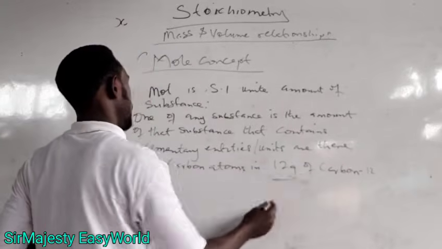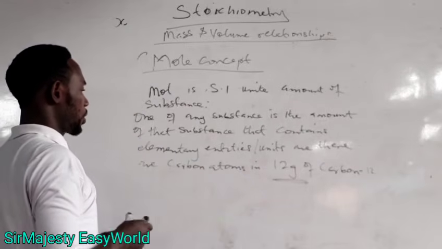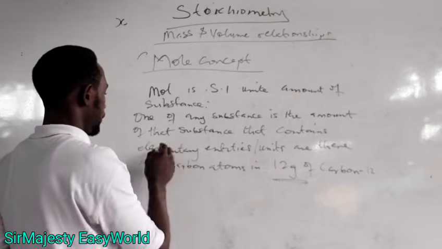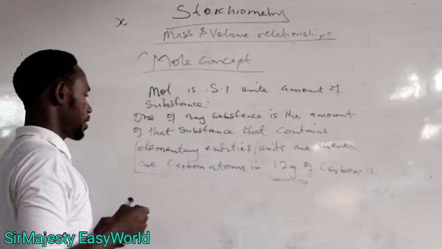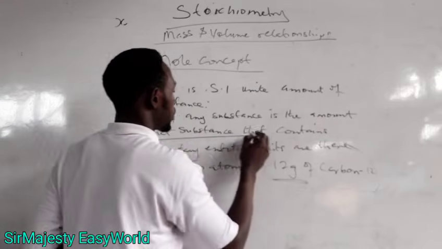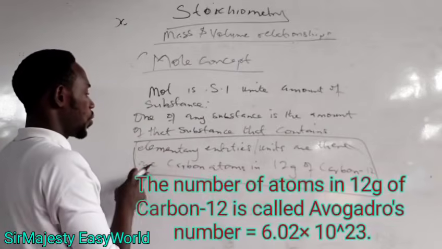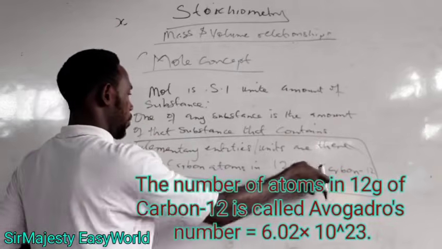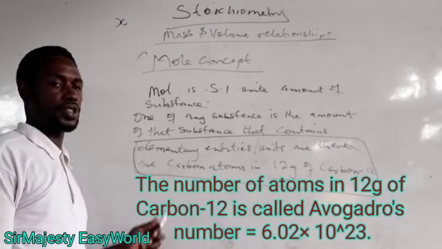So the reference point is the number of atoms in 12 grams of carbon 12. Then watch this. The number of elementary entities in 12 grams of carbon 12 is called Avogadro's number by definition.